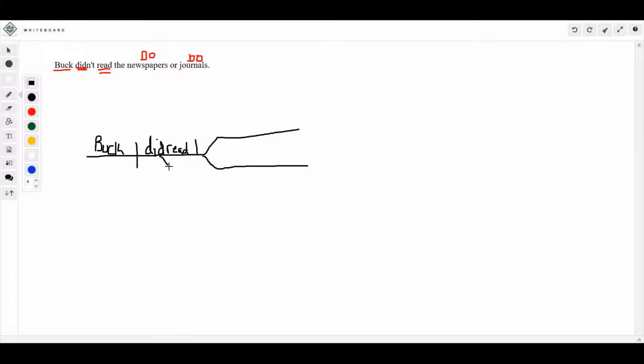So we don't put not, we put what it is. It's nt. Okay. And then we're going to put the direct objects over here. Here's our line showing that we have direct objects. Newspapers. I'm just going to put news, dot, dot, dot, and journals.